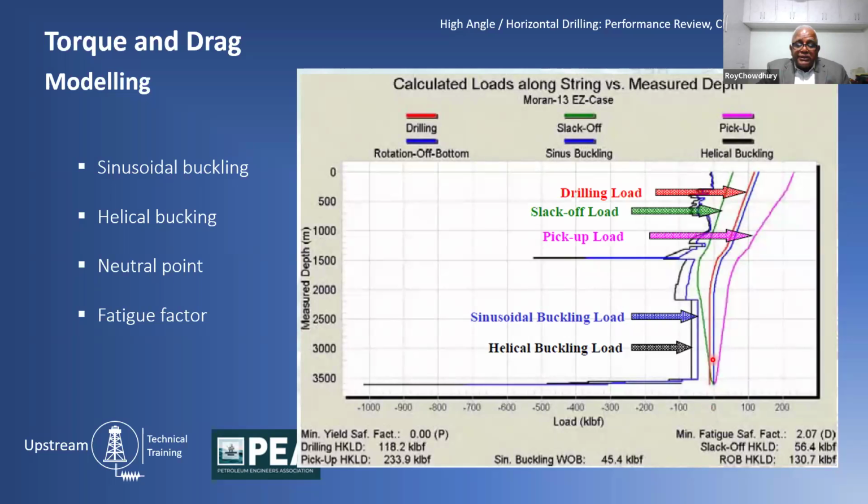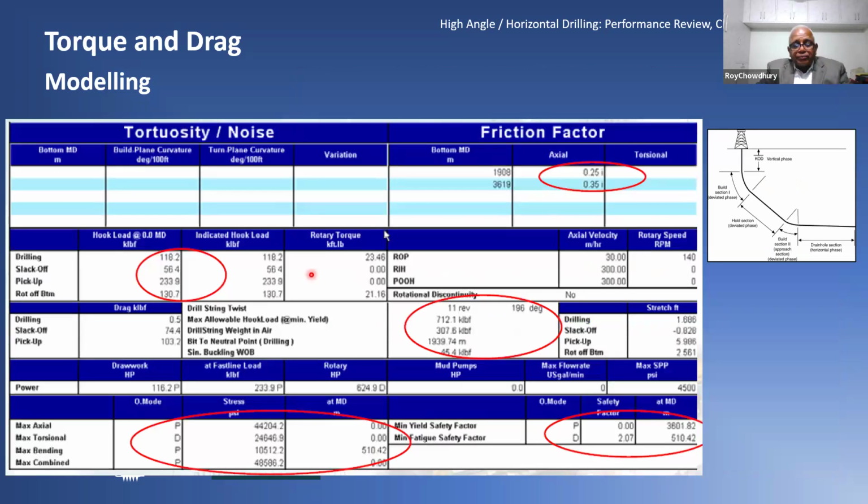So if you take this up, somewhere here it is changing from compression to tension. This portion is tension. This portion, the drill string is in compression. And of course, the fatigue safety factor is also very important, how far you want to fatigue your drill string.